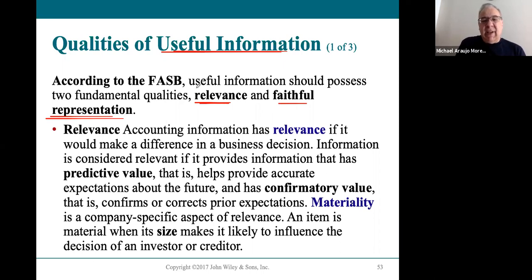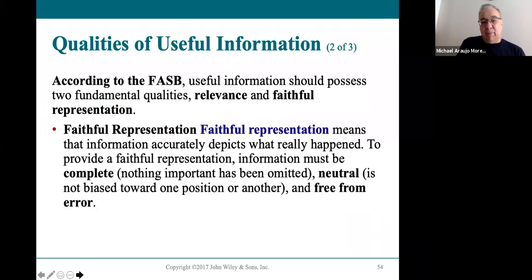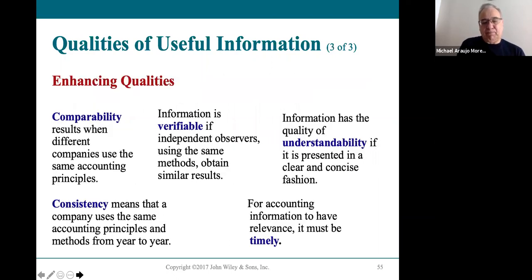Okay, so these are two, perhaps what they call fundamental qualities of all accounting information. If it's going to be useful information, it has to be relevant and it has to be faithfully represented, which means it's got to be free from error, reported without bias.